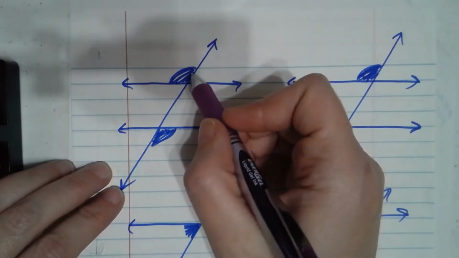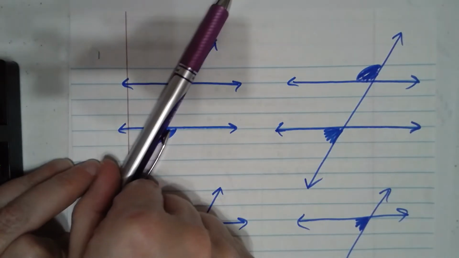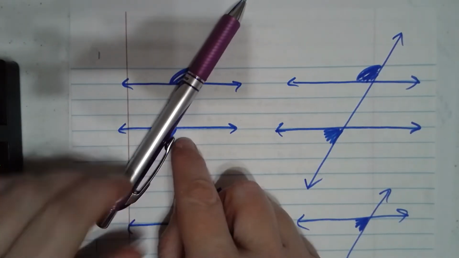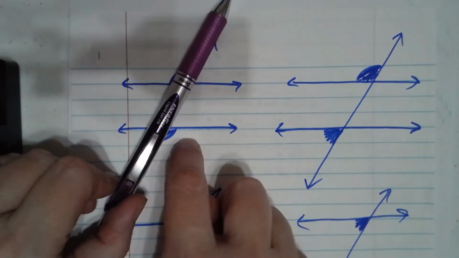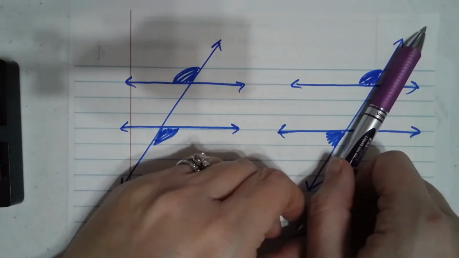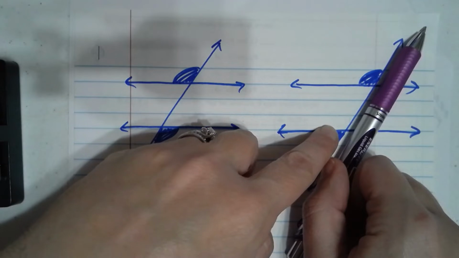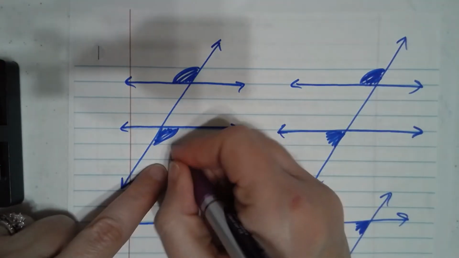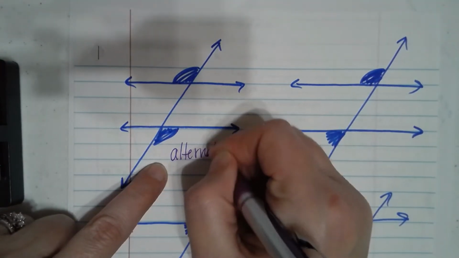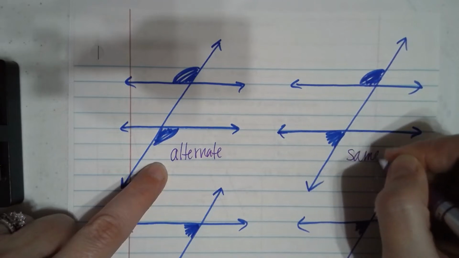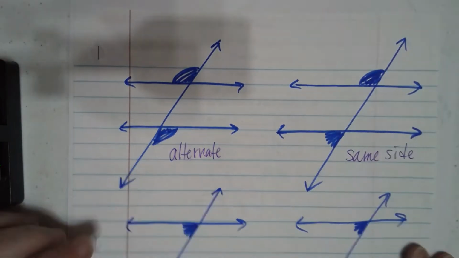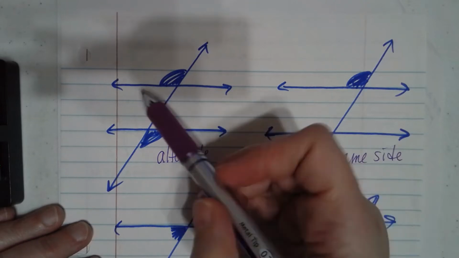Okay, so we have this transversal line that cuts through, and we have some angles here that are on alternate sides, or we have angles like this that are on the same side, right? So these are alternate, and these are same side. And then the other thing was interior or exterior.